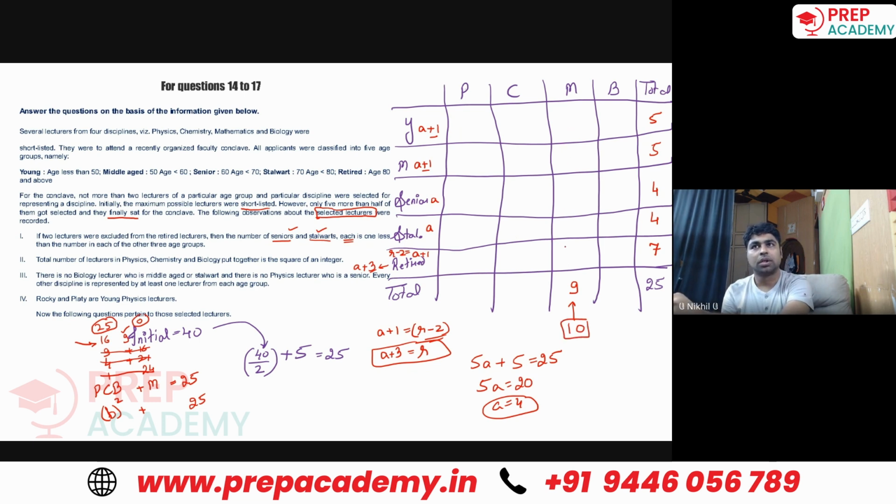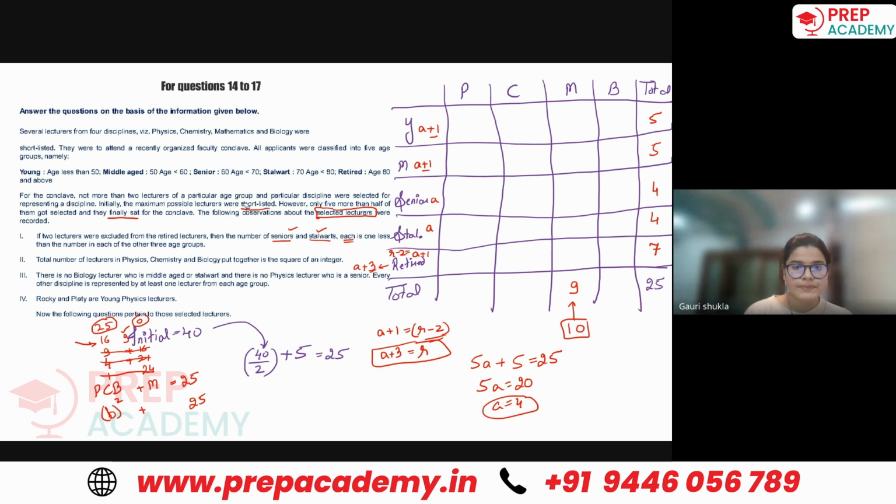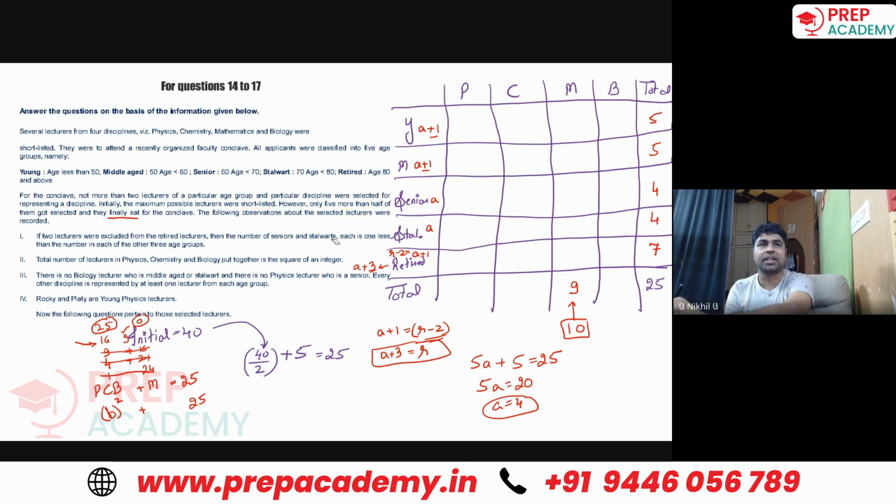In young, middle age, senior, stalwart, or retired, 4 of them would be 2, 2, 2, 2, and only one of them would be 1, isn't it? That was another extra piece of information that we got out of it.